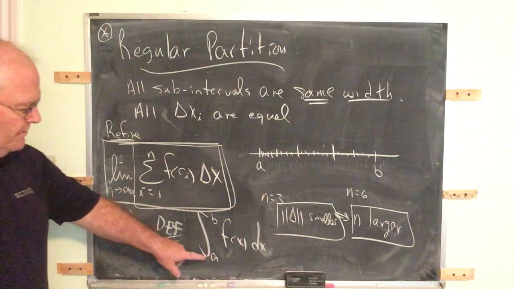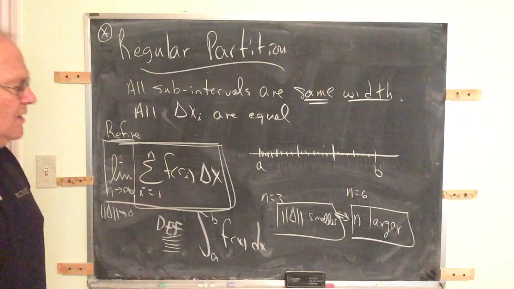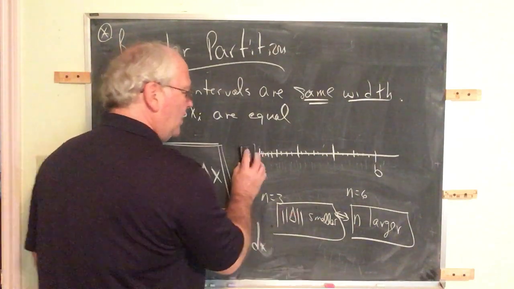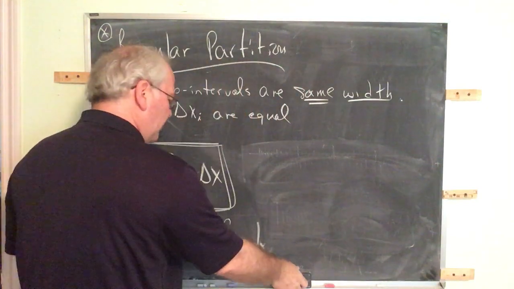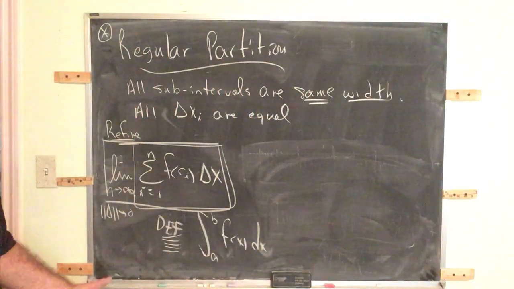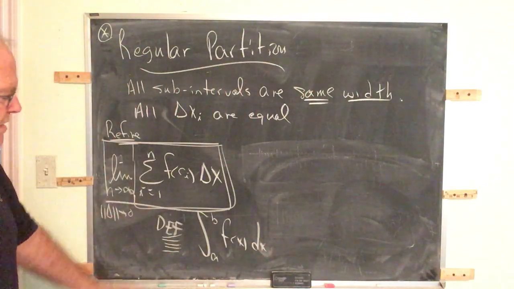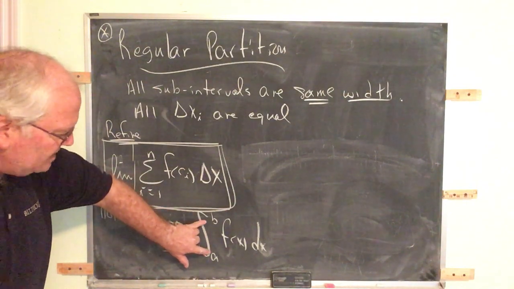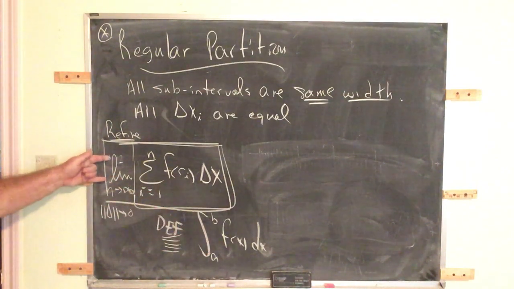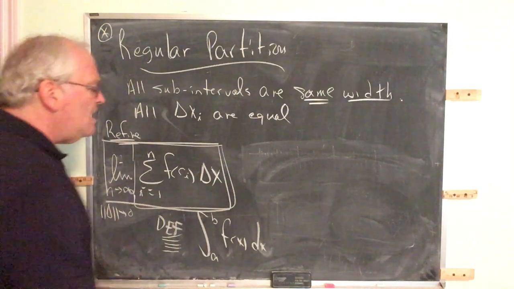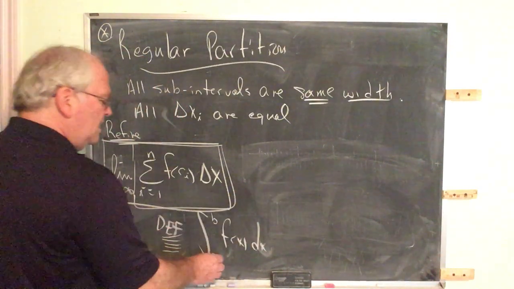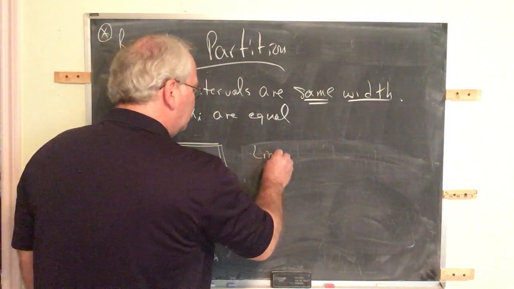Some terminology. The a and the b, they are called limits of integration. They probably should have been called the endpoints of integration, but that ship has sailed. The fact that these are called limits of integration doesn't really mean the same thing as this limit. The terminology gets a little muddled here, but you'll get used to it. Everyone does.